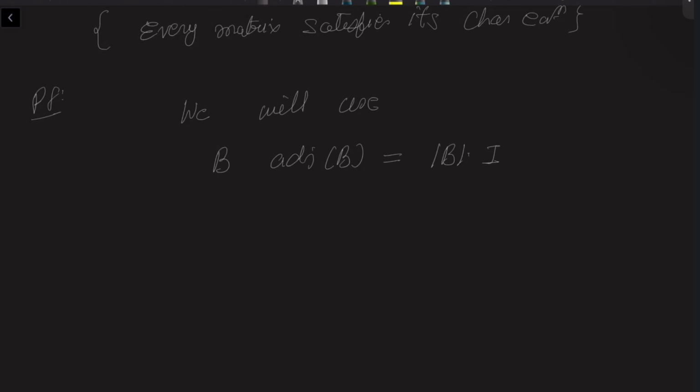So let A minus lambda I, determinant, that is, I'm taking the characteristic polynomial. This is some alpha naught times lambda to the n, plus alpha 1 times lambda to the n minus 1, up to alpha n minus 1 times lambda plus alpha n, right?